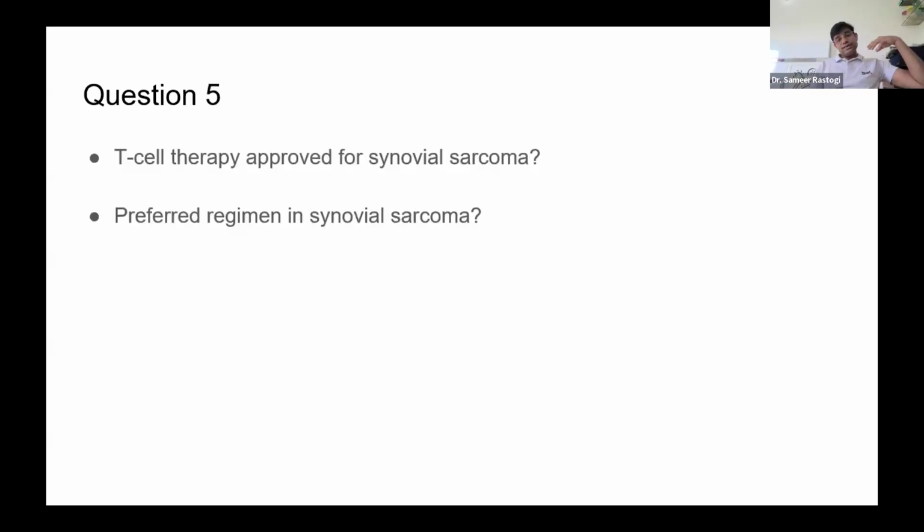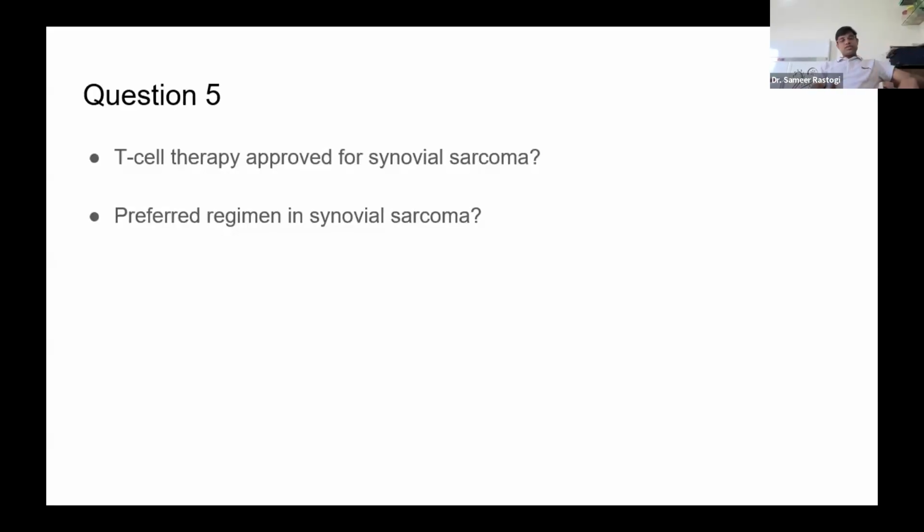How do you treat metastatic synovial sarcoma after first-line progression on doxorubicin and ifosfamide? What is the preferred regimen in synovial sarcoma? Sir, T-cell therapy or any regimen?